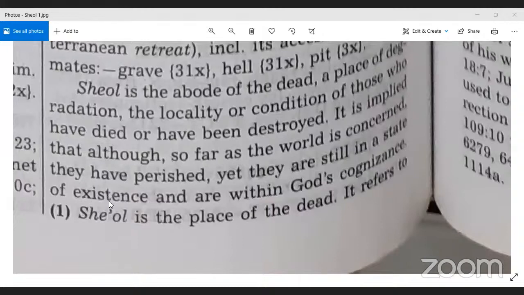Reality are those things you can experience that are concrete. Reality is consciousness. So if you replace existence with consciousness, they are still conscious, and are within the Most High's cognizance. They are still remembered according to their families. See that, y'all?